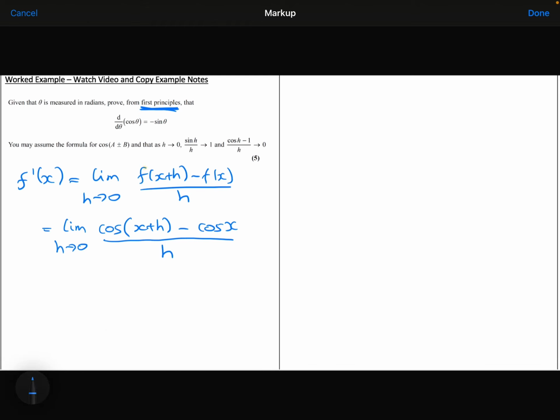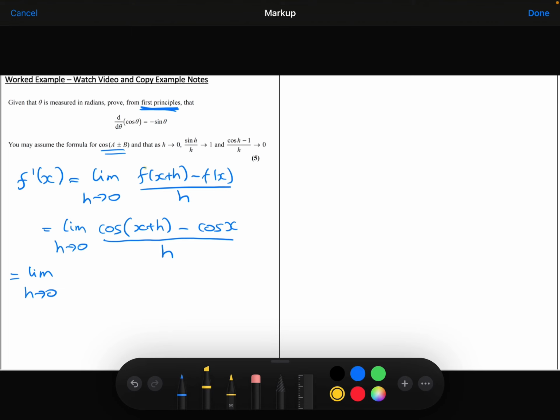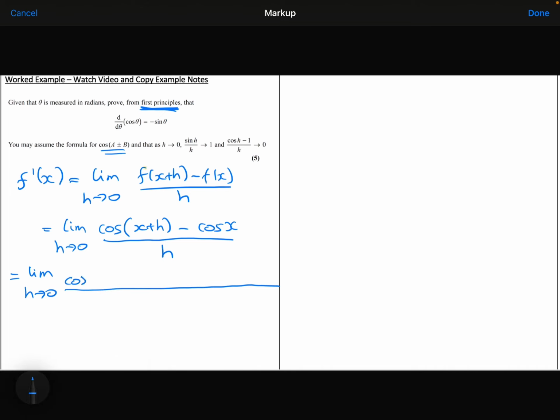Next, it says I can assume the formula for cos A plus B. So again, we can look at that in our formula booklet. That is going to allow me to expand the cos of x plus h, where x is the A and h is the B. If we do that, we will get cos x cos h minus sine x sine h.